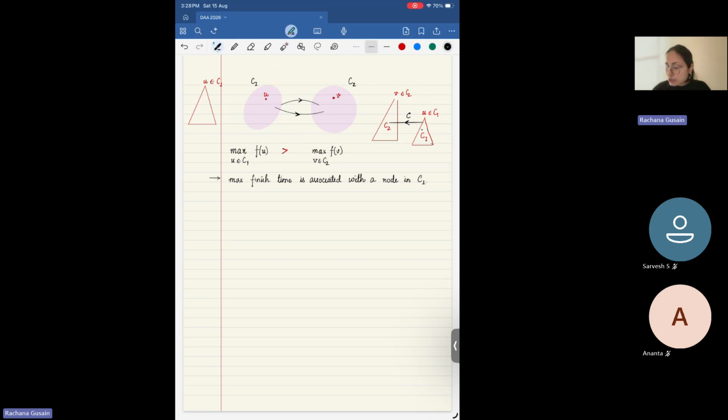Then C1 is essentially a source component and C2 is a sink component. So what we have just observed is that if you do a DFS on this graph, the maximum finish time will be associated with a node in the source strongly connected component.